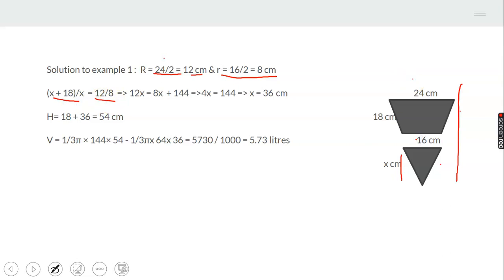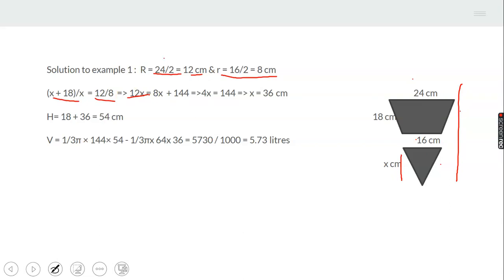And that will be 18 plus x over x. It will give us 12 over 8. Now cross multiplying, this 12 will multiply x to give me 12x.